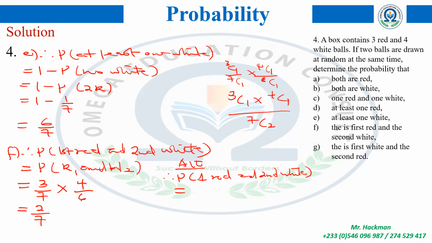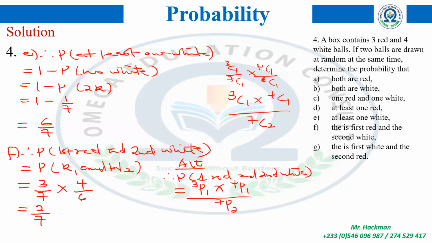And this one will give us 4 combination 1, because you are selecting 1, the same as 1 red. So in terms of permutation, we are going to get 3 permutation 1, times 4 permutation 1, all over 7 permutation 2.